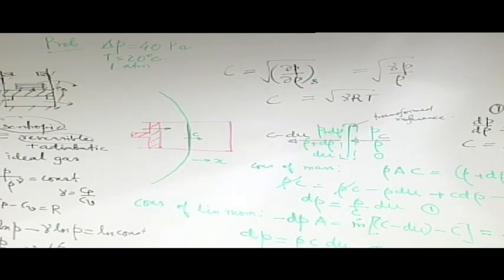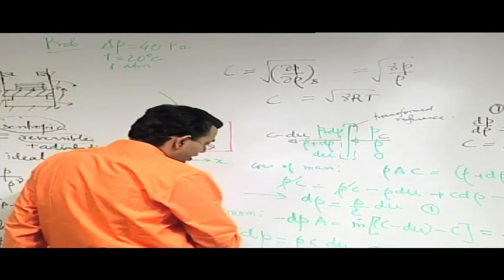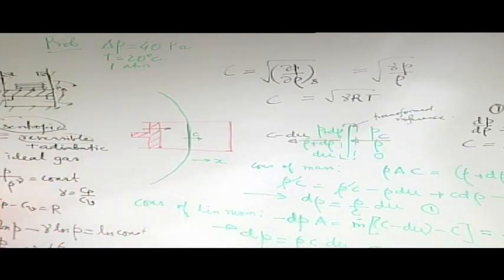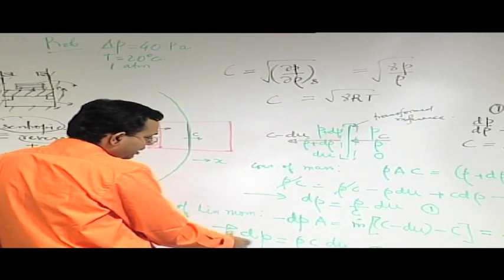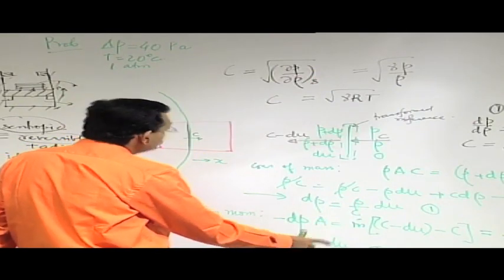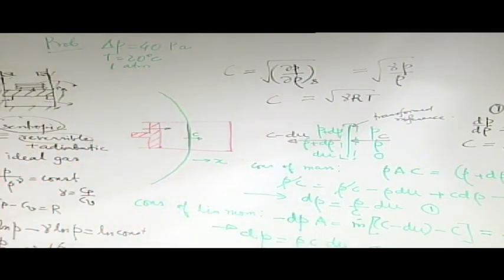So, the density change and velocity change across the wave, it is a very straightforward problem. It is the use of the formula expressions 1 and 2 for calculating the density change and the velocity change. First of all you see here dP is equal to rho C du, just look into equation number 2.